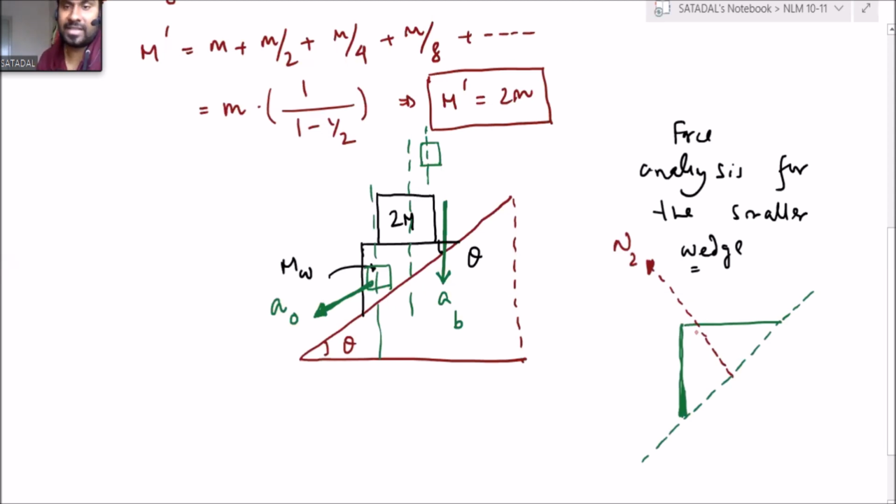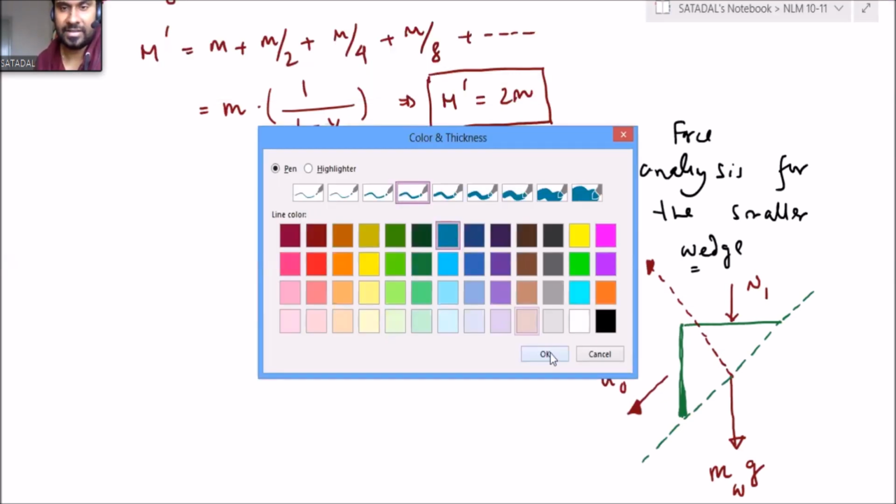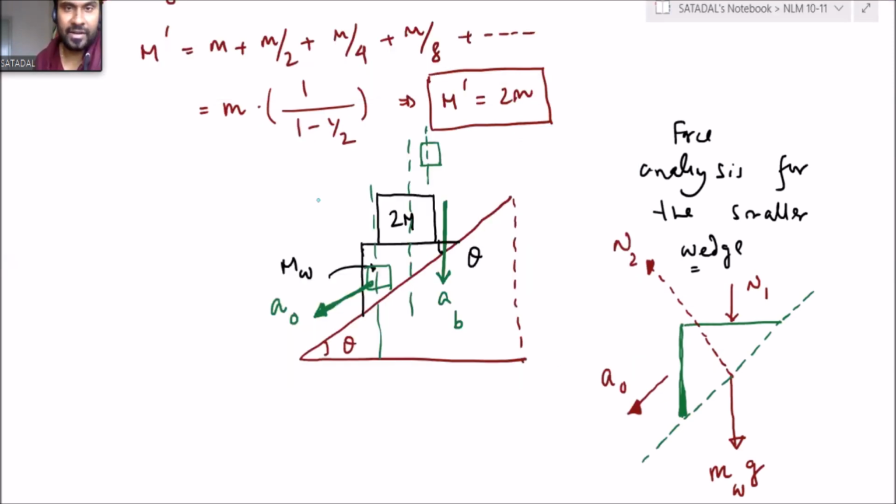As the block is kept over it, the block will give a normal reaction in that direction. Let us say this is N1. Downward force is M wedge into g. And this is the direction of acceleration, A naught. Is this okay for everyone? Please confirm. Clear to everyone?